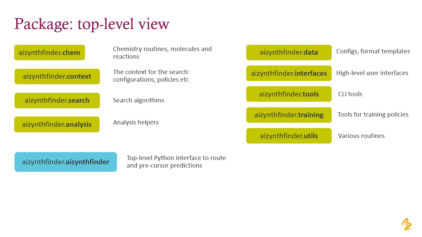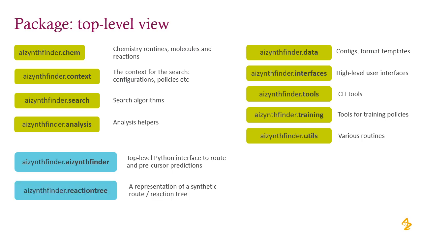So all the search and the context is bundled together in a nice user interface. Then we also have a reaction tree module, which contains a data structure for representing synthetic routes or reaction trees, which is a data structure that pops up in a few different places throughout the code base.